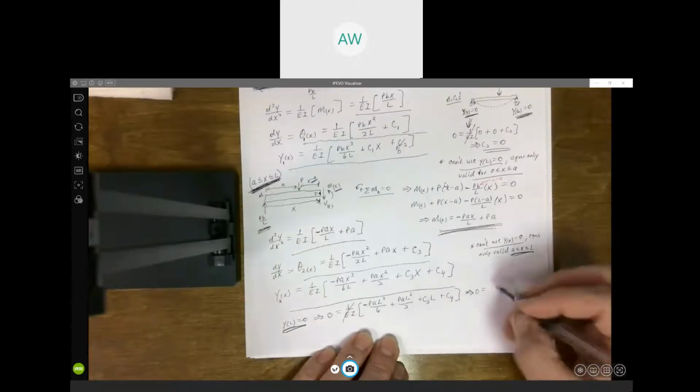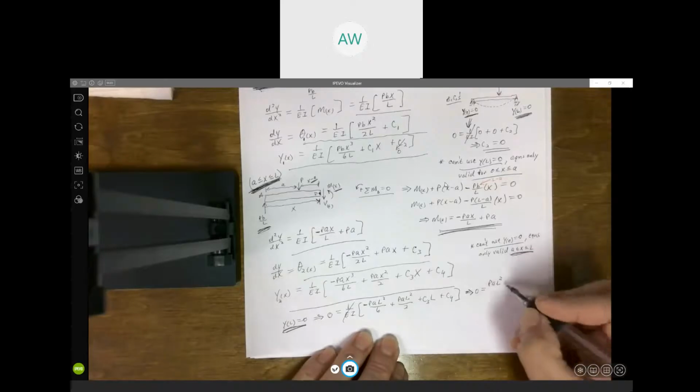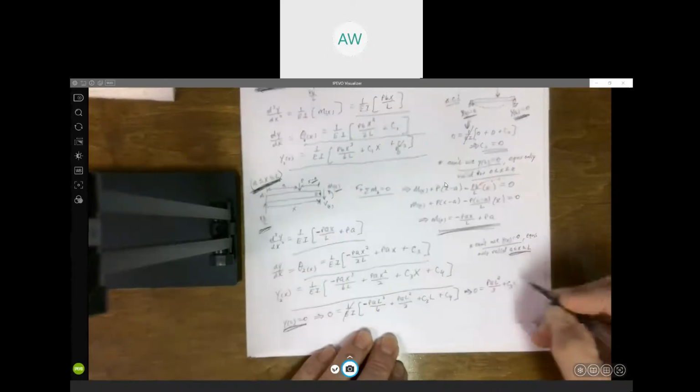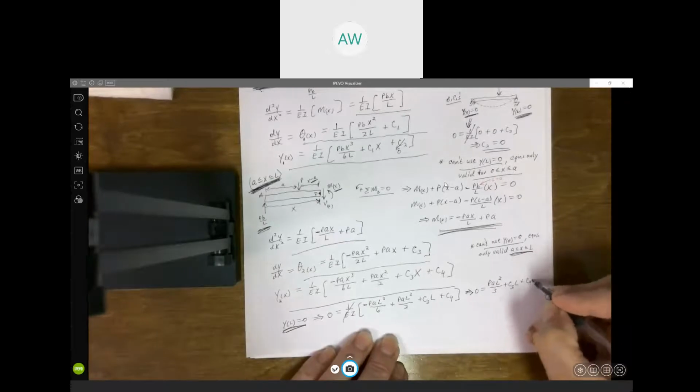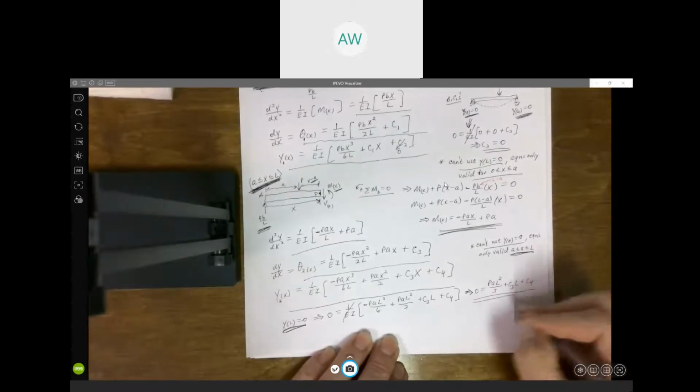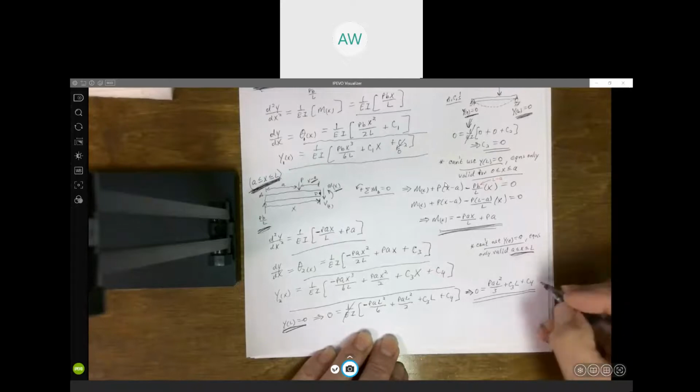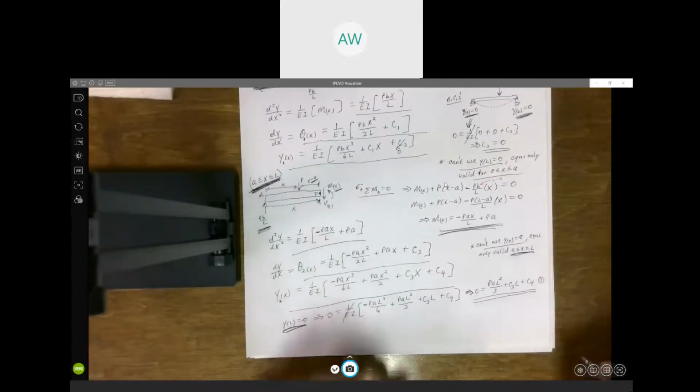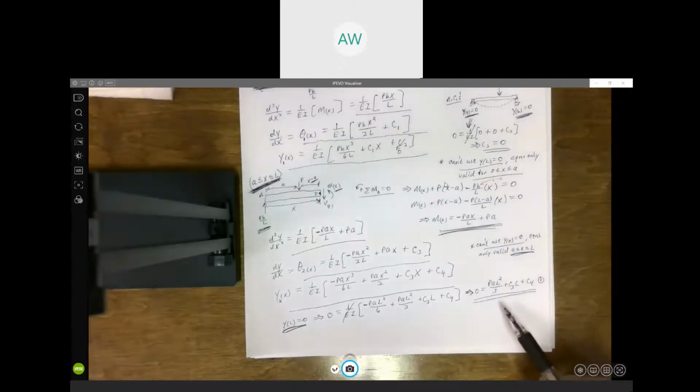You get a common denominator, it comes out to be a positive PAL squared over 3 plus C3 times L plus C4. I'm going to call this equation 1. Because notice I got two unknowns in this equation. I can't solve for C3 or C4 at this point.